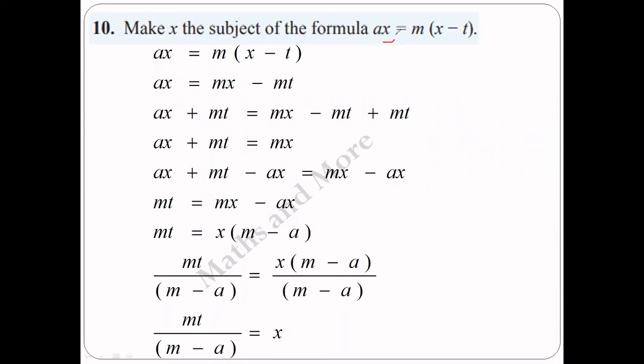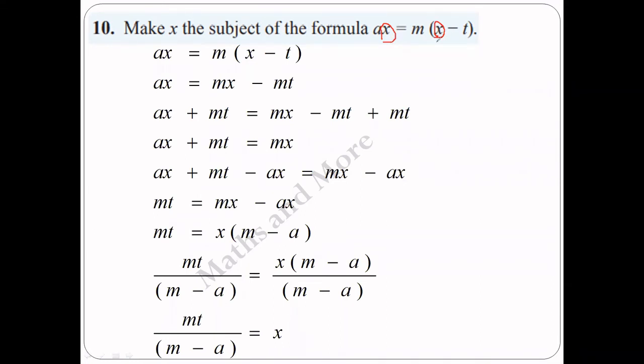In earlier questions, the subject x was in only one place, but here x is in two places. So how do we take this x to one place? You have to keep x in only one place. Otherwise, the subject can't be in two places. The subject should be on the left or right only.